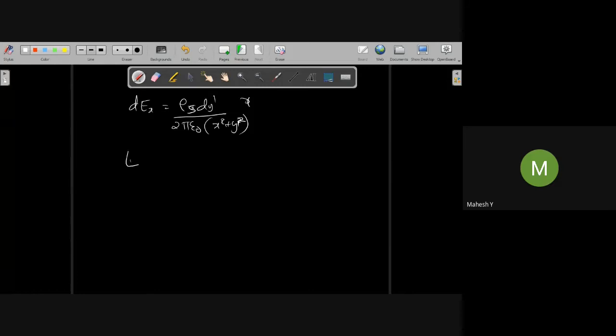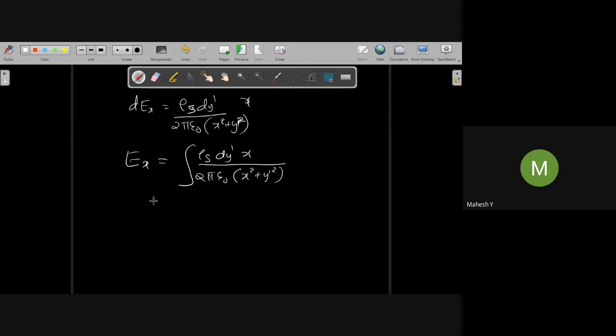Now how to get the value of Ex? We have to integrate. Which are the constants here which I can take outside?